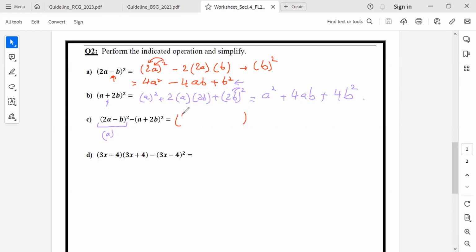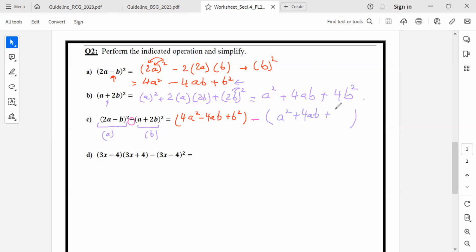So في ال A لقينا 4a squared minus 4ab plus b squared. minus العلامة minus. نشوف الثانية هل حسبناها already أو لا. a plus 2b squared هذه حسبناها في السؤال B. إذن نحط الأقواس ونحط النتيجة.